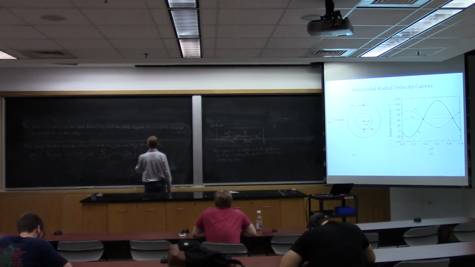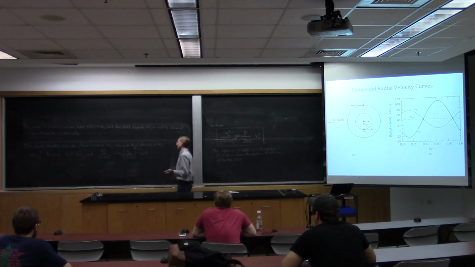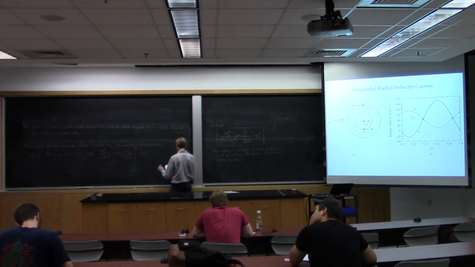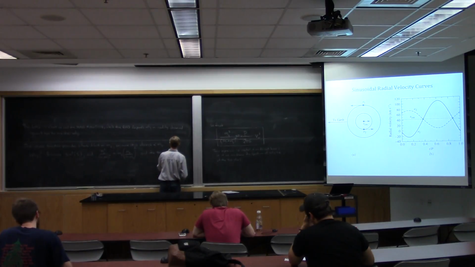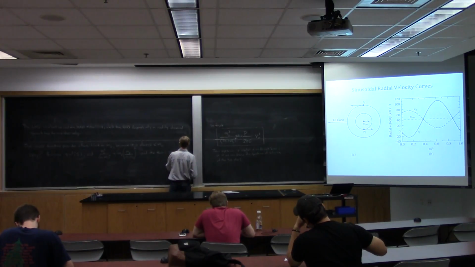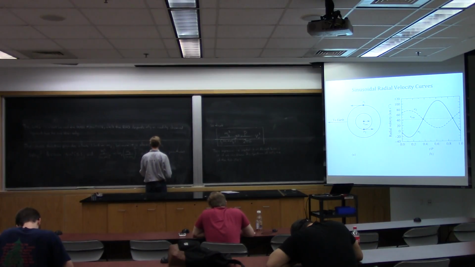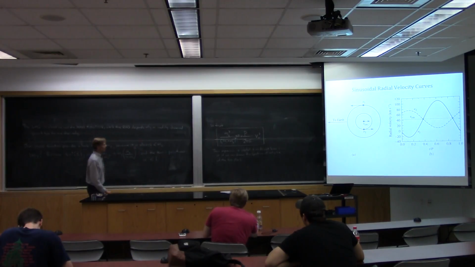And the term in parentheses is strictly less than 1, right? m2 divided by something plus m2 has to be less than 1.